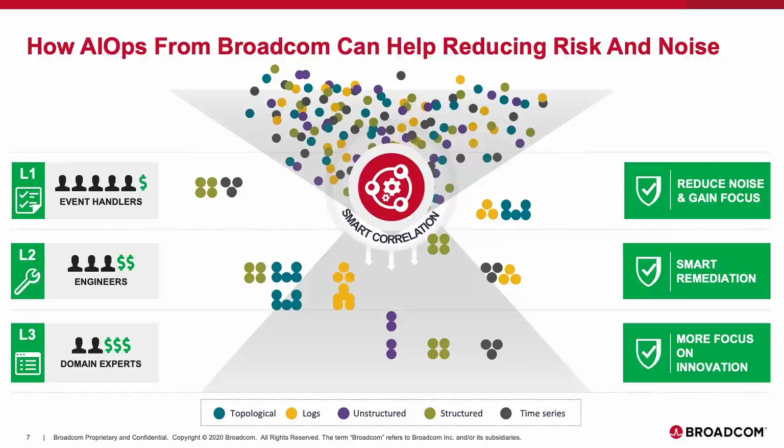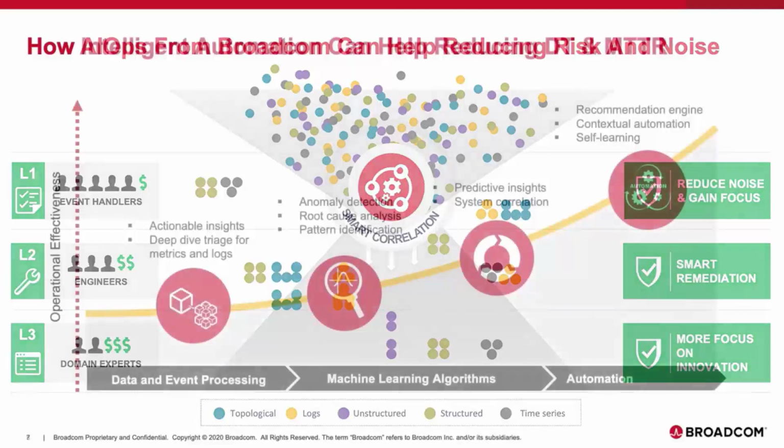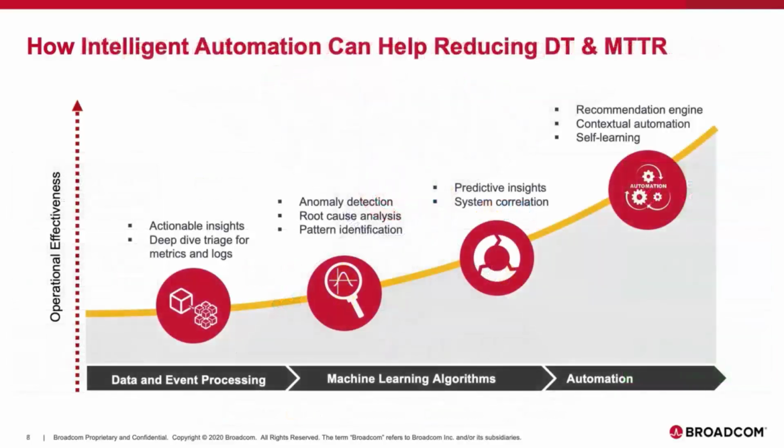And the best way to do that is to automate standard operating procedures. Creating more automation that can be consumed for remediating issues lets you manage more volume and handle the scale of modern environments. This is why the AIOps solution from Broadcom integrates intelligent automation.